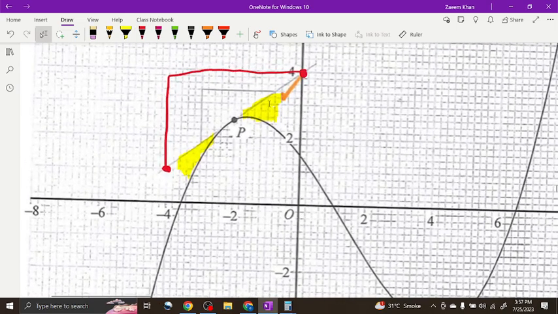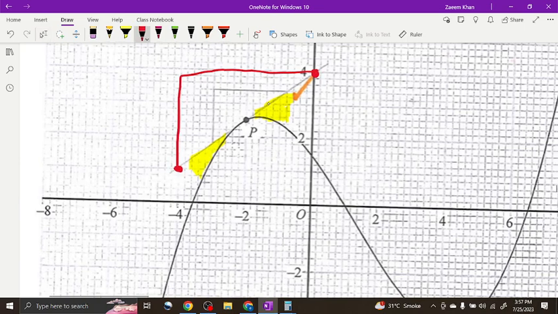Can you tell me why? They're on the axis, so instead of getting decimal numbers, I will most probably get whole numbers. What's this point up here? 0, 4.